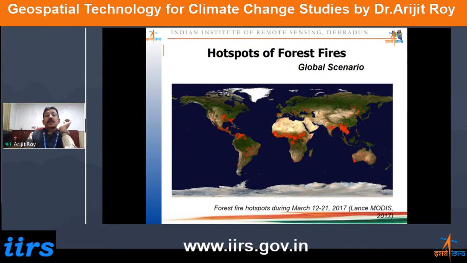It's mostly concentrated around the tropics and the equator, in the areas which are dominated by deciduous vegetation, and some parts of the equatorial region, mainly in Latin America. When we go to autumn, that is during September, October, this basically moves to the south.